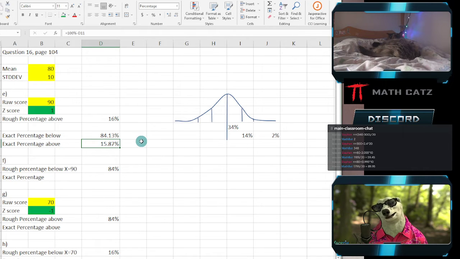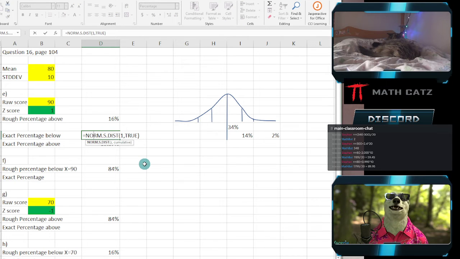I don't want it to round to the nearest percentage because then I can't tell the difference between my estimate and the exact number. So having a couple of decimals shows that they aren't the same. 16 was very close, but it's in fact 15.87. Okay, so let's just double click on this, not this one, to remind myself what the function was.